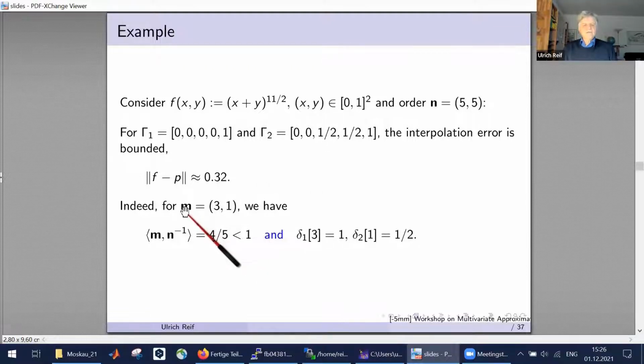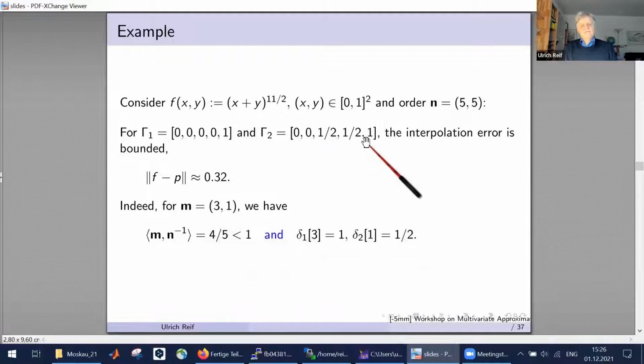If you choose m equal to 3 and 1, then this is admissible. Yeah, so m is less than n in this sense. And the least distances are 1 in x direction. If you skip 3 nodes here, it's from 0 to 1. And in y direction, this is 1/2. If you always skip 1 interpolation node, from 0 to 1/2, or 1/2 to 1.